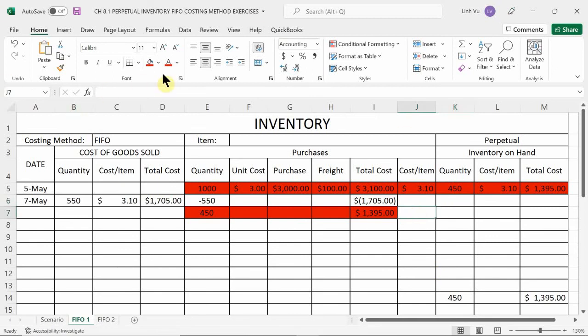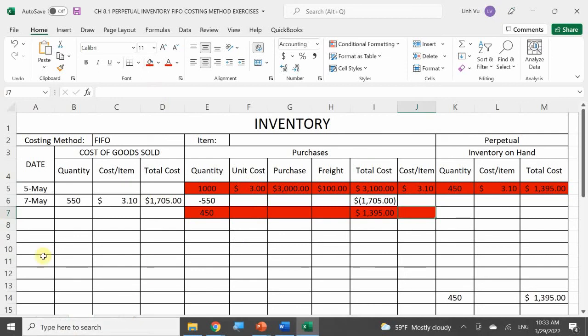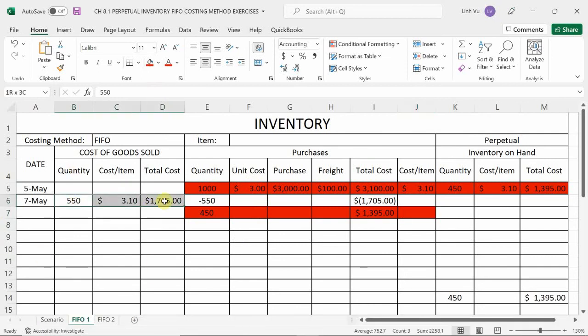So there you go. Other ways that you can also do this is you could say, well, this one right here was taken out from my red batch. A lot of colors are going to be going on, but this is the way to keep track of your inventory, just so that we can follow along for the first time. And then the next time, we'll get rid of the colors. You really don't need it.